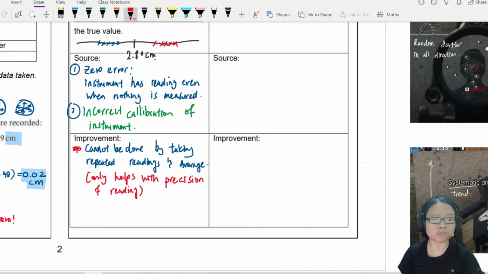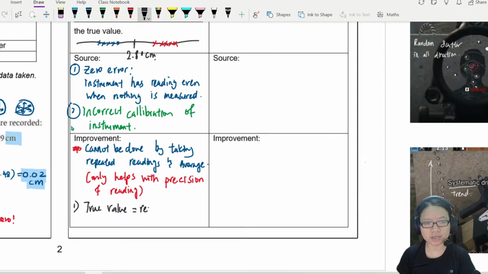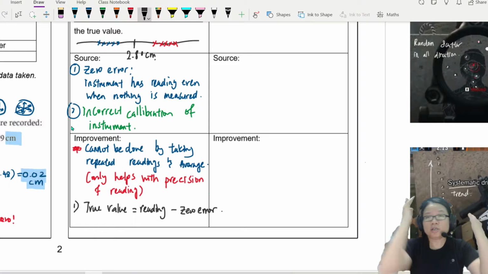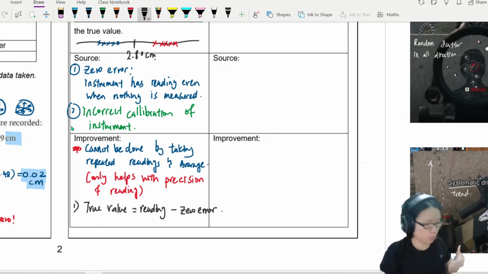So then how can we improve? We can improve this by taking the zero error and subtracting it from the reading. So improvement number 1: the actual reading, or the true value, we will take the reading minus zero error. So for example, before you stand on the weighing machine, you look at it, it says 2 kg.